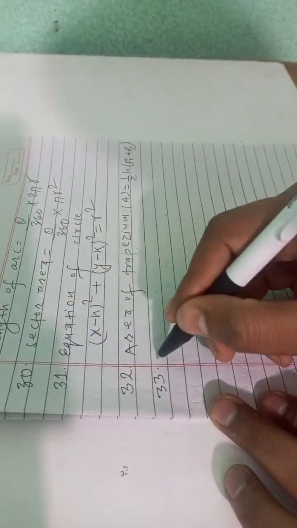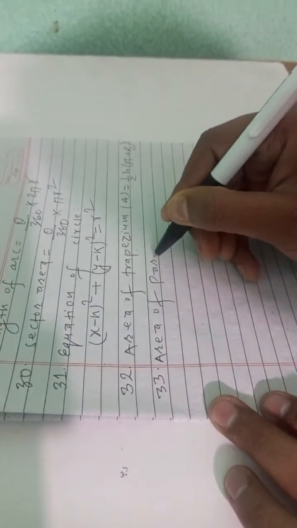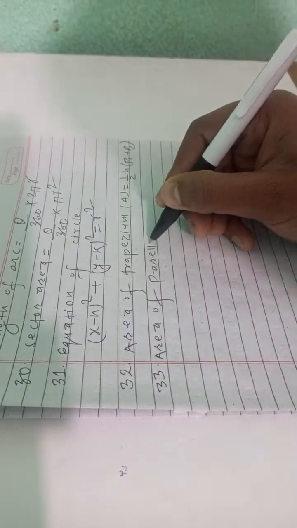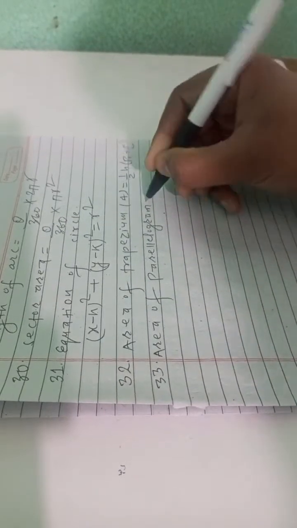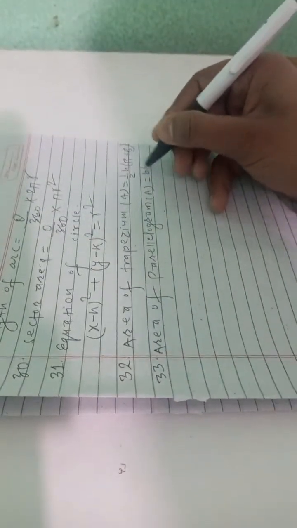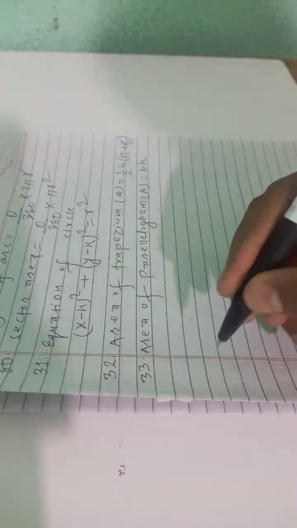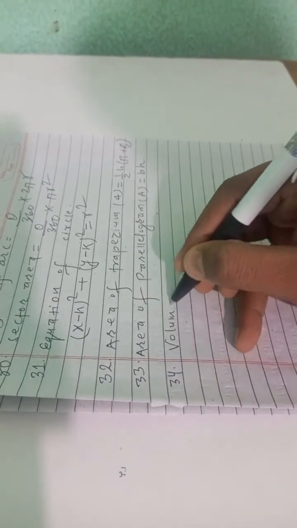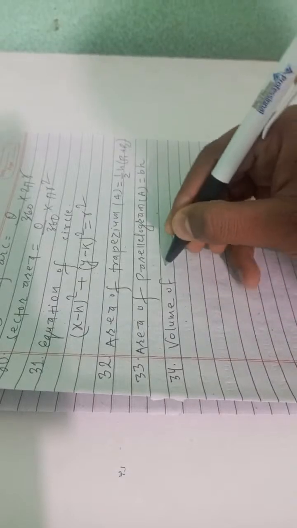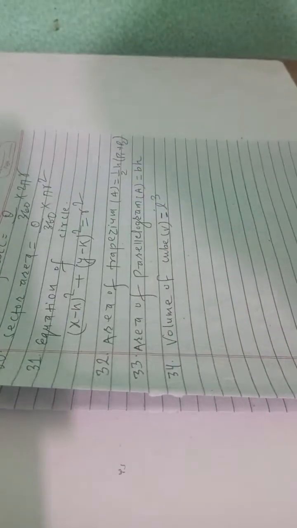Area of parallelogram: A means b into h, base into height. Now, volume of cube. Do you understand this formula or not? Volume of cube, V means L cube.